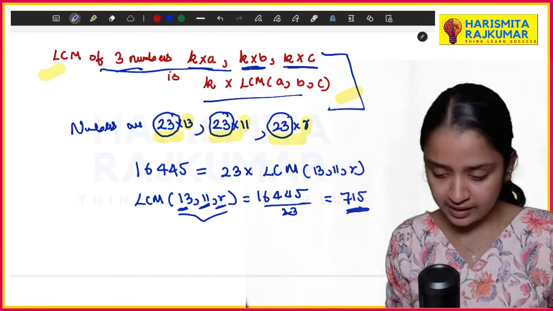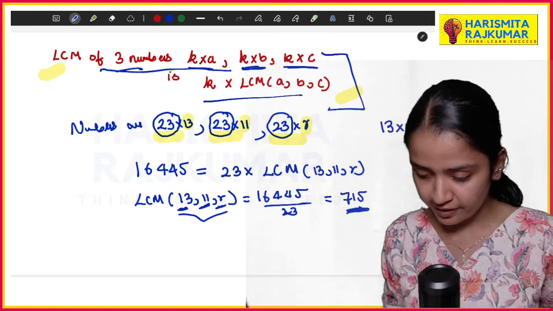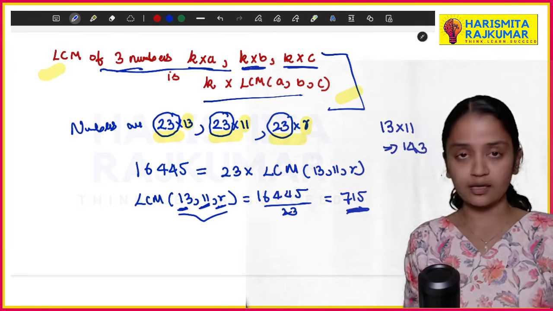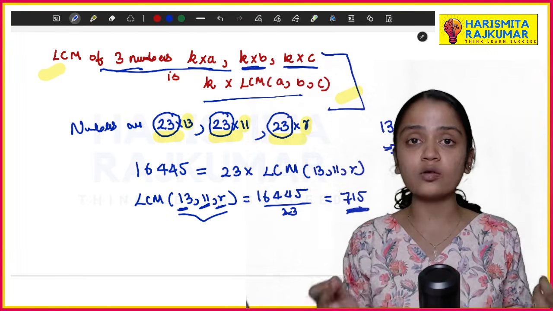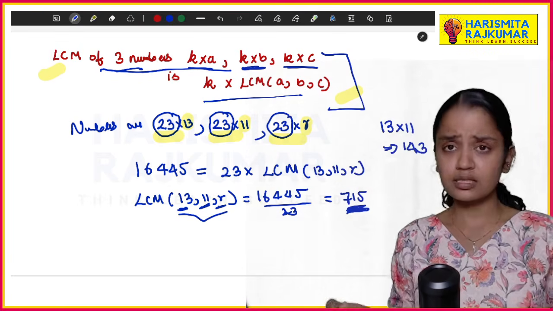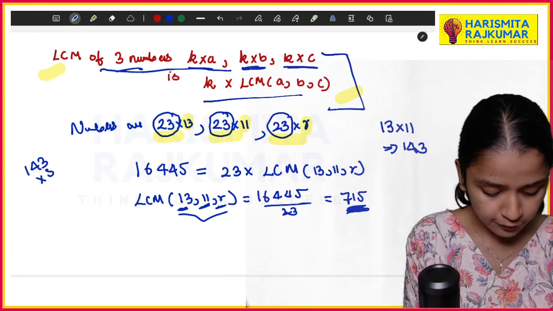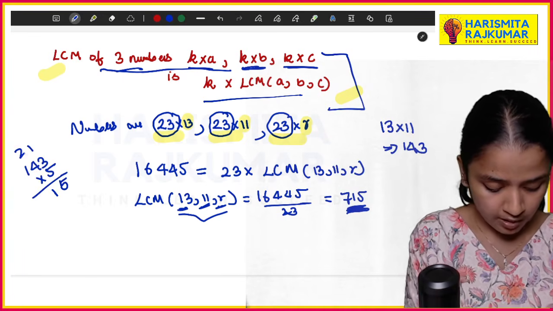For this, I'm multiplying 13 into 11, which gives 143. Then I divide 715 by 143, and I get 5.